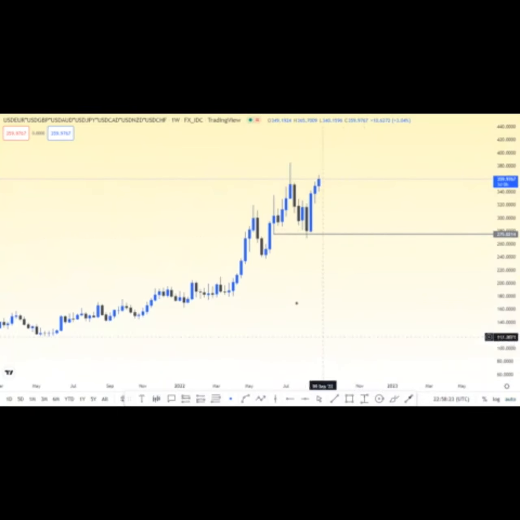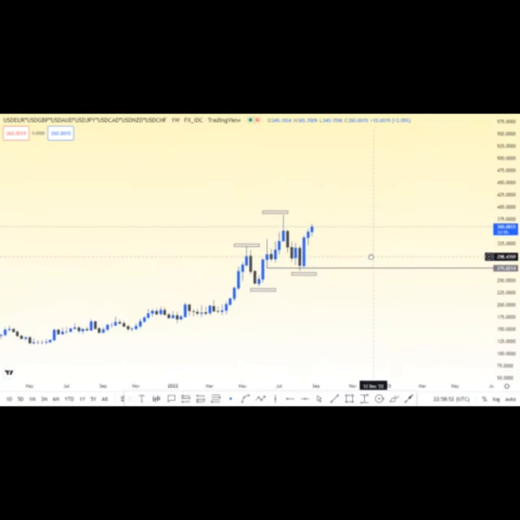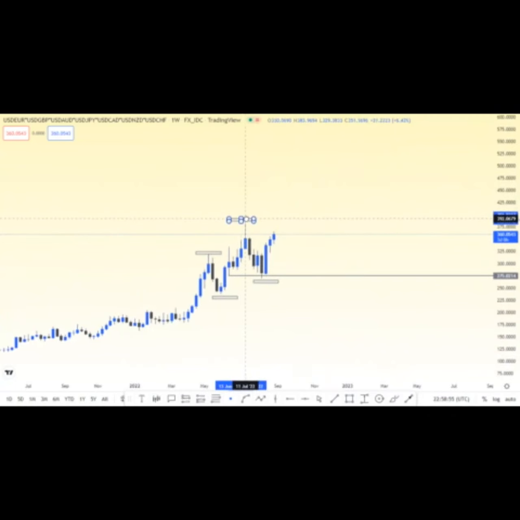The USD is killing it, giving us higher lows and higher highs, higher lows and higher highs, giving us higher lows and higher highs. So if we move with this momentum, we might be looking at the Euro USD killing the NFP. So we might be looking at the Euro USD killing the NFP.